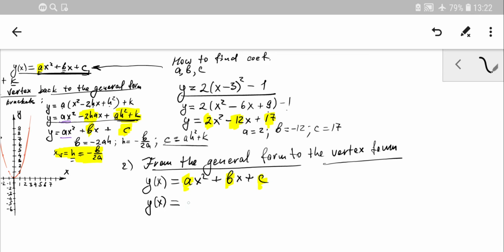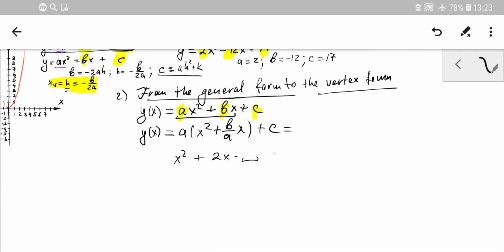So what I'm going to do is factorize a from that expression, so that I'm left with x squared plus b over a times x. And finally, I add c. Okay, next up, I'm going to use the completing the square formula. So I've got x squared, then normally I need to have 2x times some other number, which is considered later on squared. Right now I consider only the expression in the brackets.